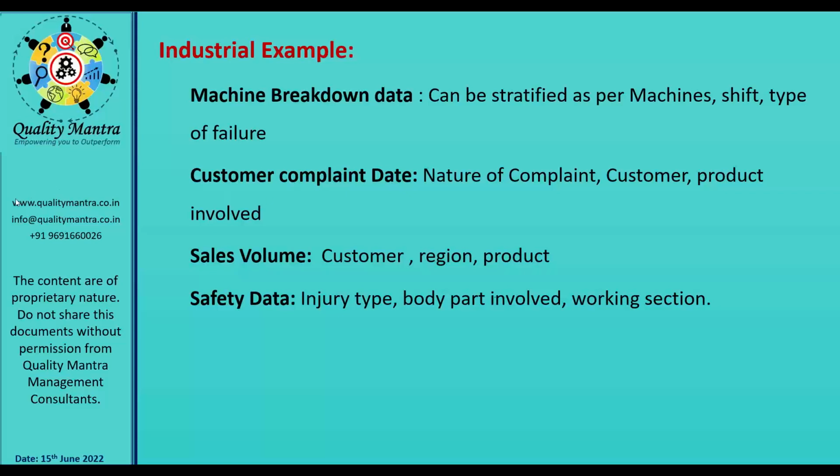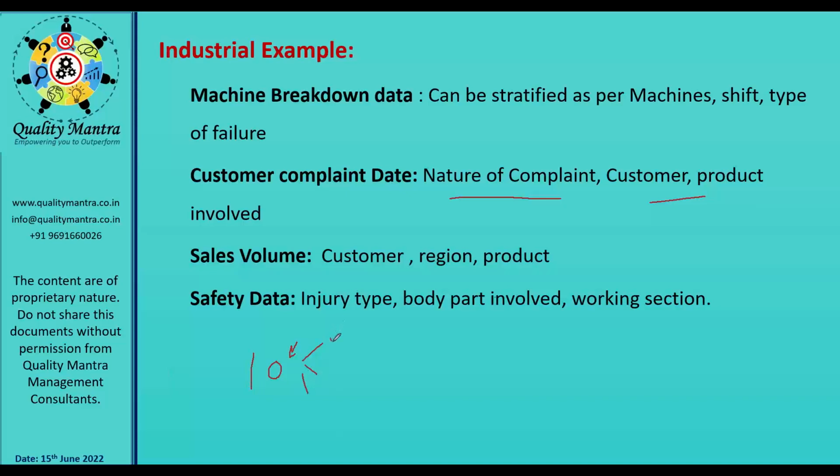Then customer complaint. Like customer complaint is there, then nature of complaint, customer, product involved. So if you want to reduce the customer complaint, I tell you that, okay, you have 10 complaints in the last 2 months. You cannot do anything unless and until you stratify it month wise.